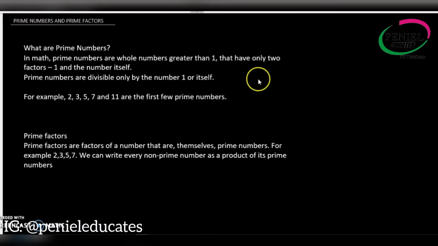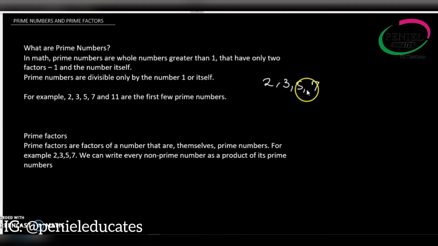For example, you have 2. 2 is actually a prime number. 3 is actually a prime number. 5 and 7.